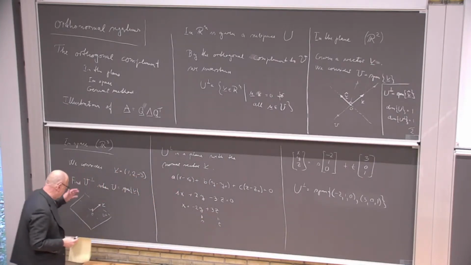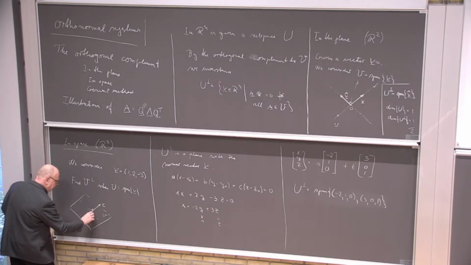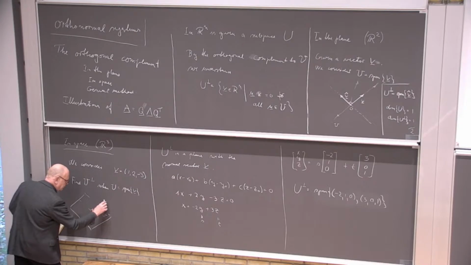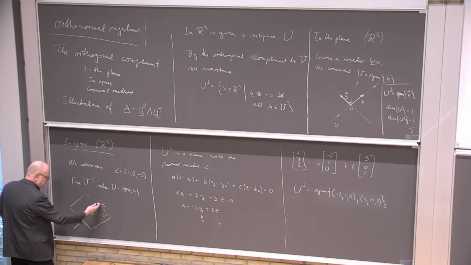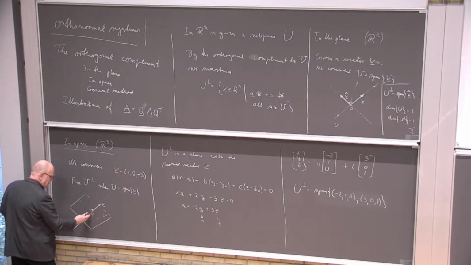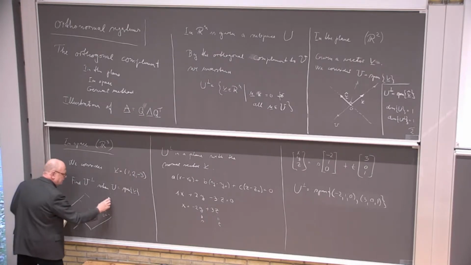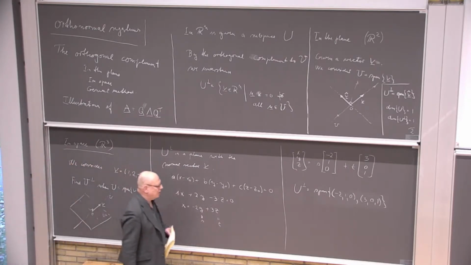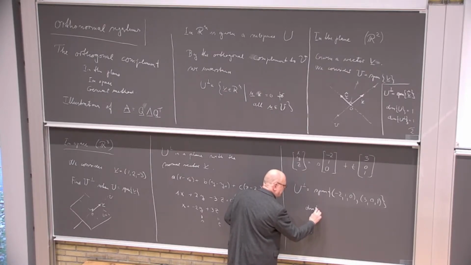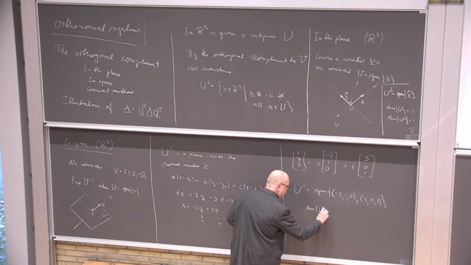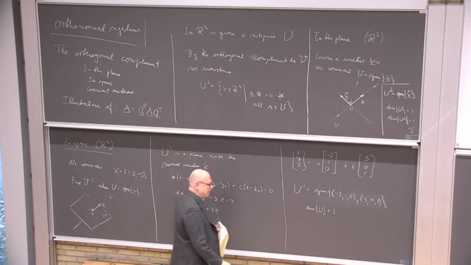Now again, we have the subspace U as before. This is this line through the origin that coincides with V here. It's in the direction of V. So this is our space U, and this is our orthogonal complement. So I can again look at the dimensions. The dimension of U is 1. It's a line.